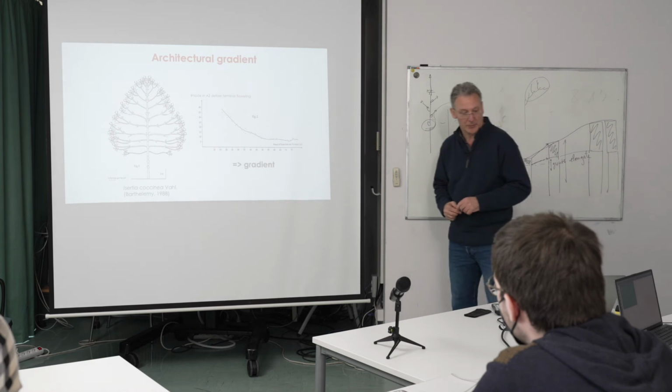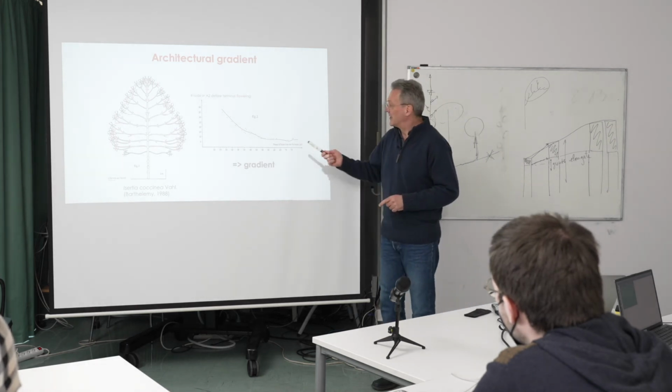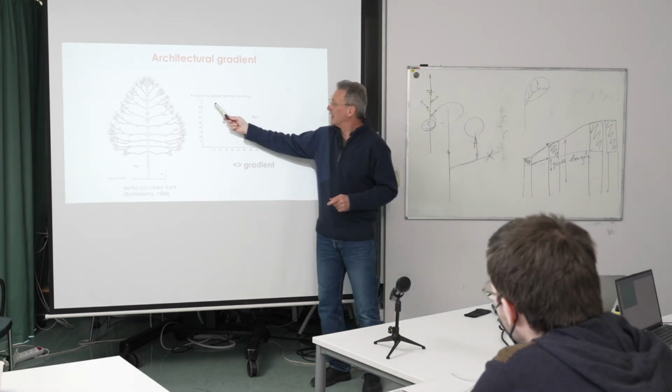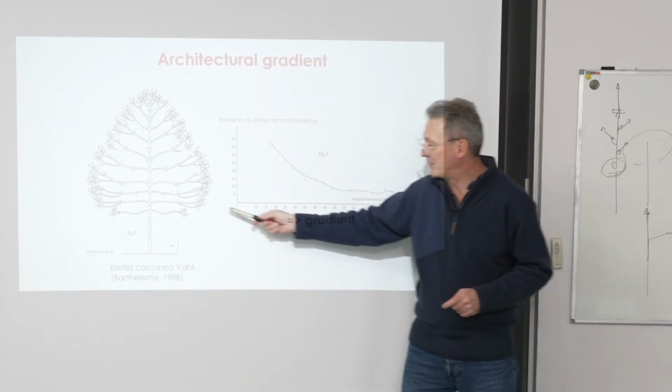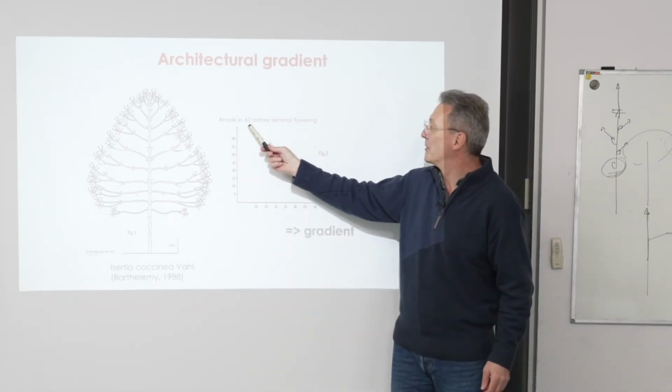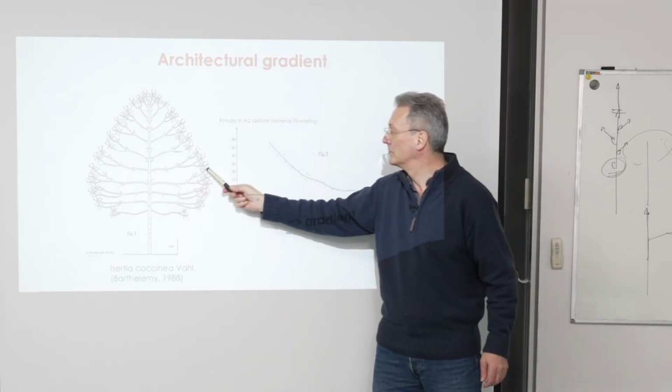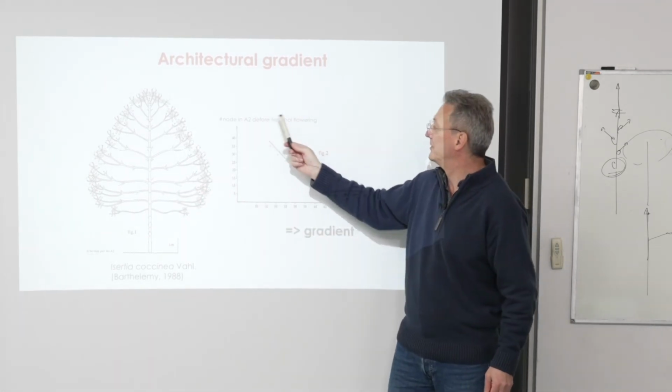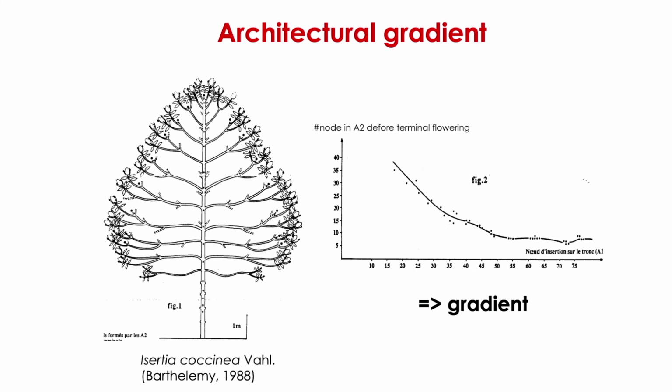So, to give you a couple of examples, here you would have a gradient. This graph on this plant is showing the number of nodes in the branch before terminal flowering. Okay, and you see that the number of nodes decreases before it reaches the terminal flowering. So you would have a number of nodes here, and then a number of nodes here, and then a number of nodes here.